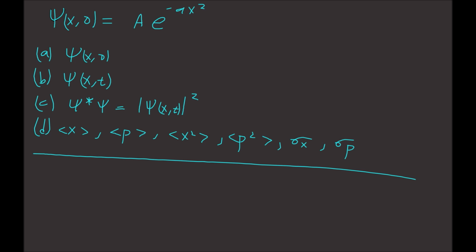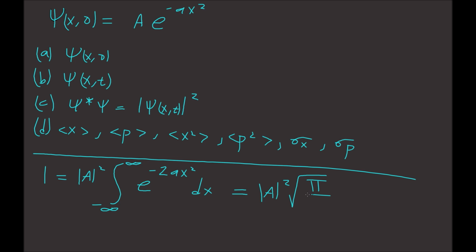The first thing we need to do is normalize the wave function, right? So 1 is equal to the modulus square of A times the integral from negative infinity to infinity of e to the minus 2a x squared dx, which is equal to A squared times the square root of pi divided by 2a.